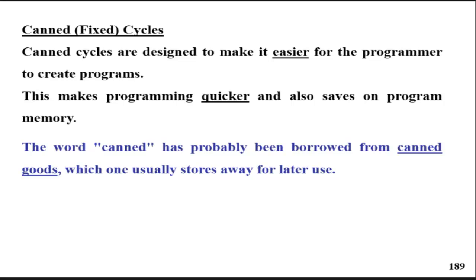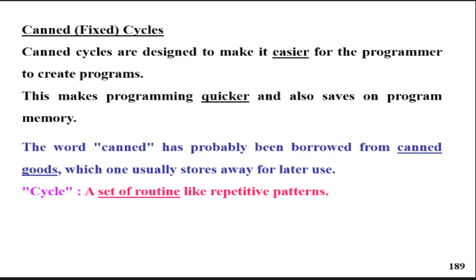This is very similar to what we mean by canned cycle. It is something stored in a certain container. What is stored is a set of instructions, a certain repeated pattern, and we keep it in that can for later use in the program.